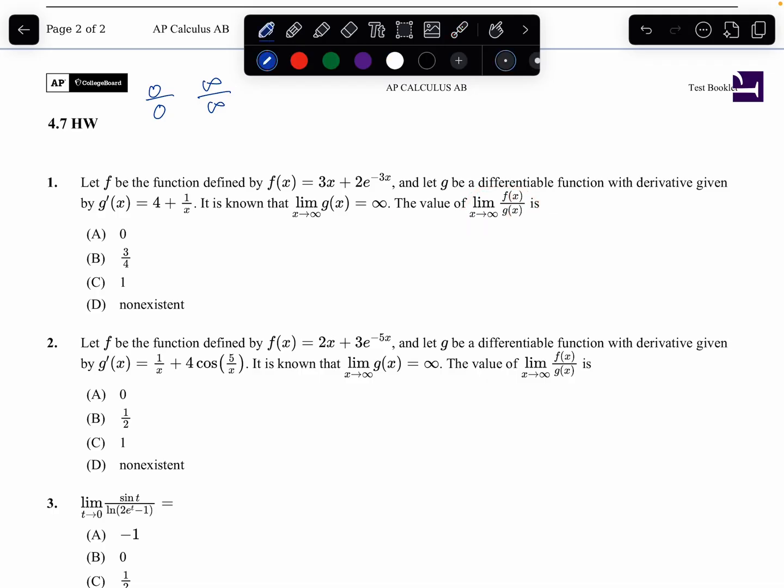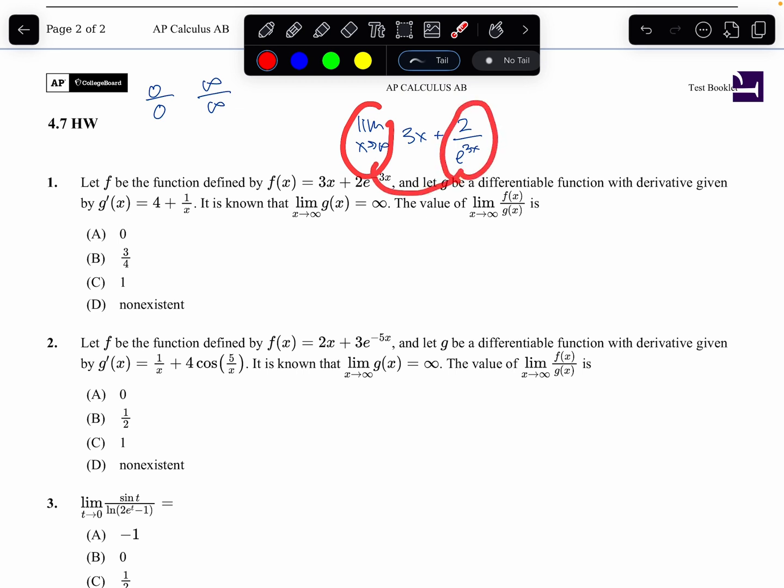So if I show the limit as x approaches infinity of 3x plus 2 over e to the 3x. So notice that here I decided to put e to the 3x in the denominator for the sake of evaluating this limit right here, because if I evaluate the limit as x approaches infinity of this expression, it becomes 0.